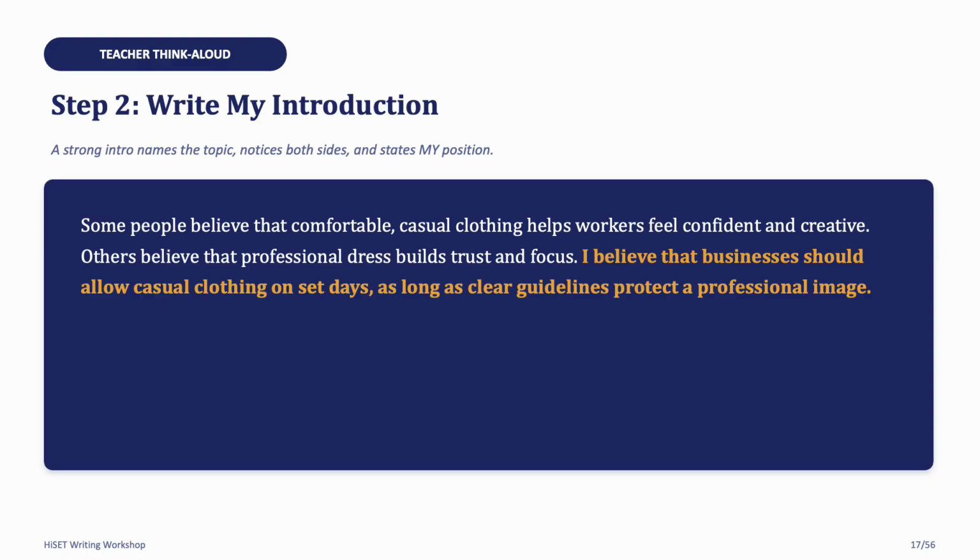Now let's notice the structure. First, the topic. Some people believe that comfortable casual clothing helps workers feel confident and creative. It's casual clothing. Now, there are 2 sides to this. Remember, it's an argument, so it has to be where people of goodwill can be on both sides. One side says, some people believe that comfortable casual clothing helps workers feel confident and creative.